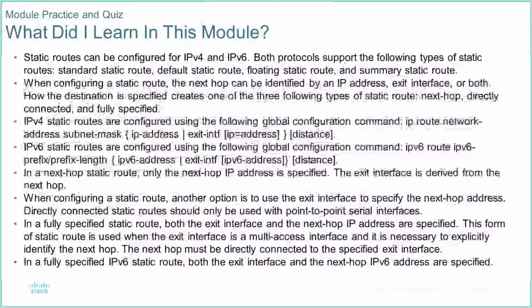So to bring it all together, IP route, the network that we want to send traffic to with its corresponding subnet mask, and then the next hop address, or the exit interface we need to use to connect to the next hop, with an optional IP address specified if required.